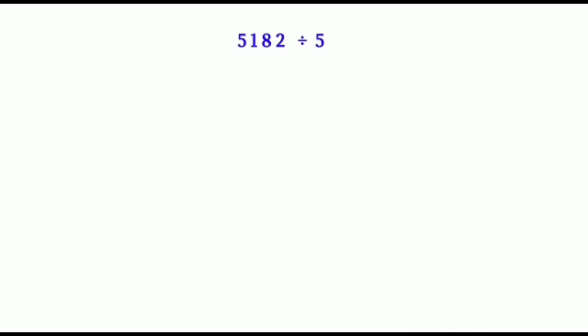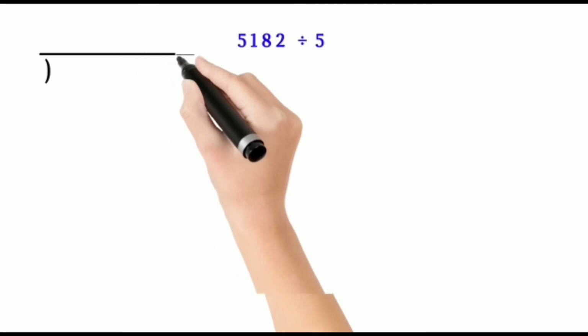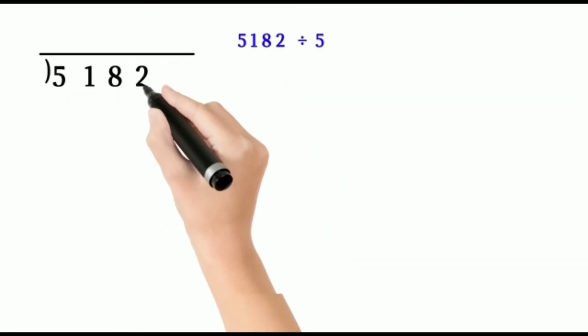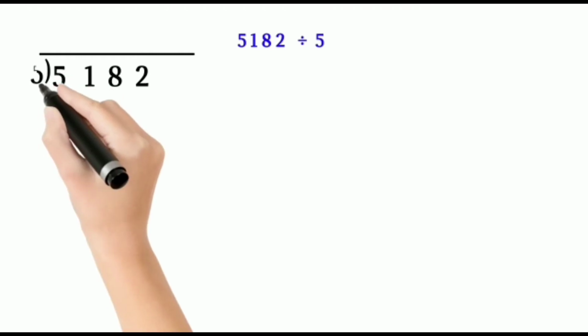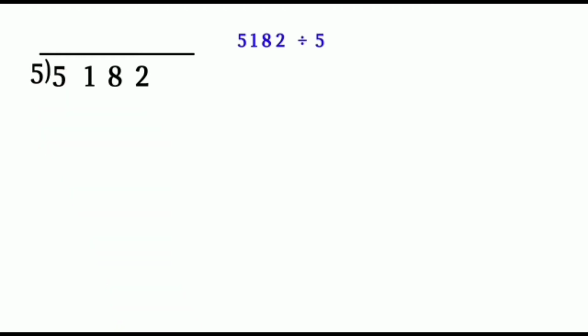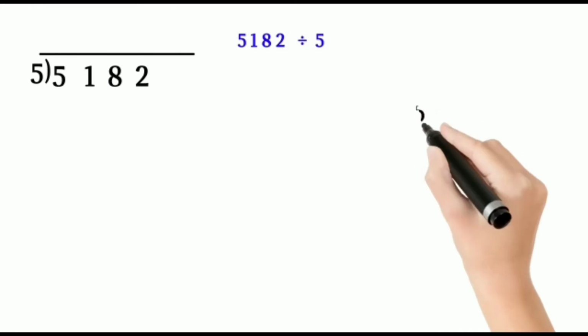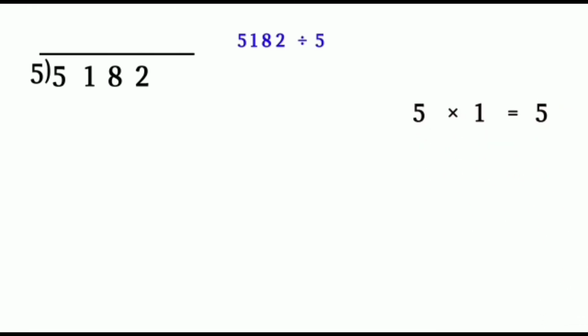Then the next number, divide 5182 by 5. Here the dividend is 5182 and the divisor is 5. The first digit of the dividend is 5.